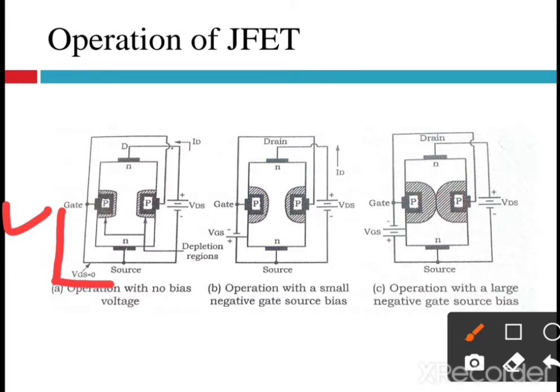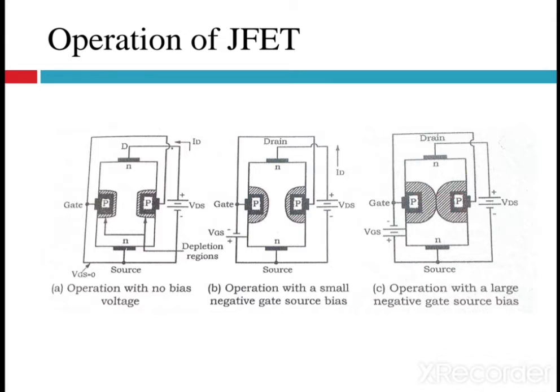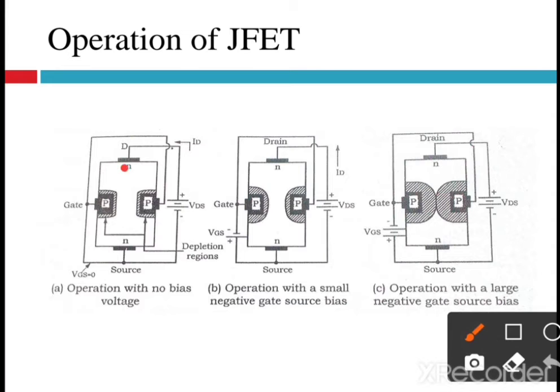Due to the supply voltage VDS, current starts flowing through the channel. The N-type material has finite resistance and therefore the drain current flow causes a voltage drop along the channel.